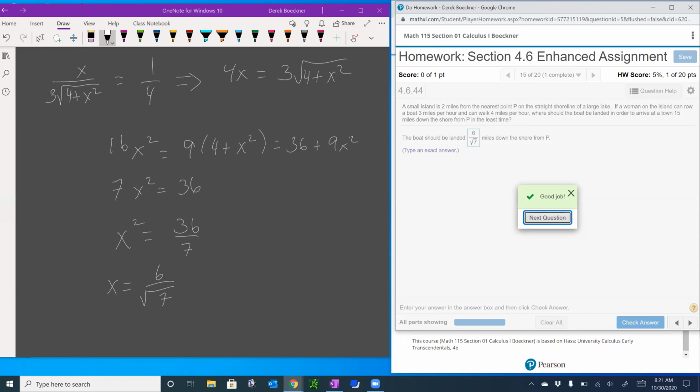Other questions on that one? So the biggest issue with all of these is always translating the story problem into math. That's usually the hardest part. And that just takes lots of practice.